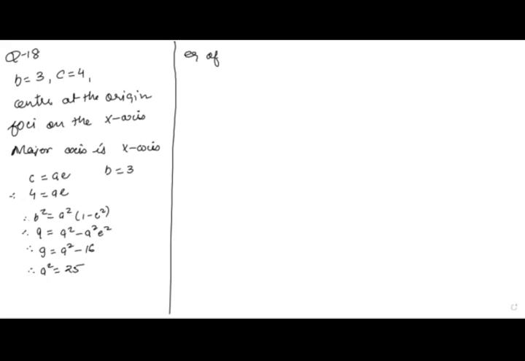So, equation of ellipse will be x square by a square plus y square by b square is equal to 1, giving the value of a square as 25 and b square as 9, and the equation of ellipse is x square by 25 plus y square by 9 is equal to 1.